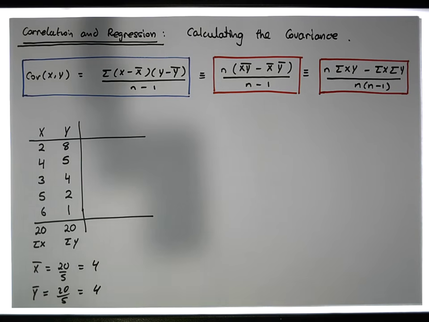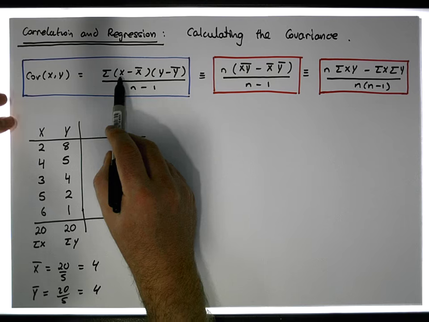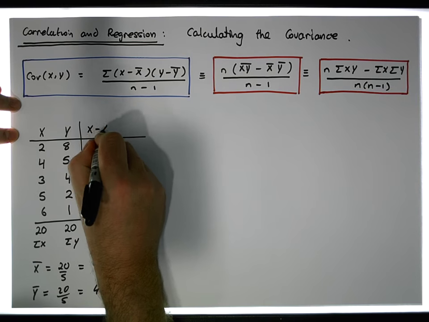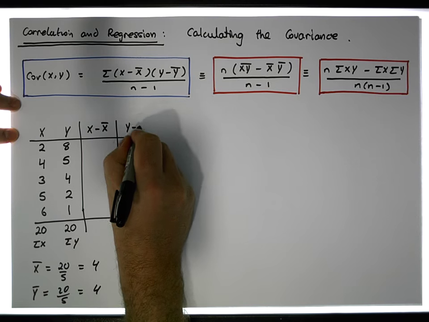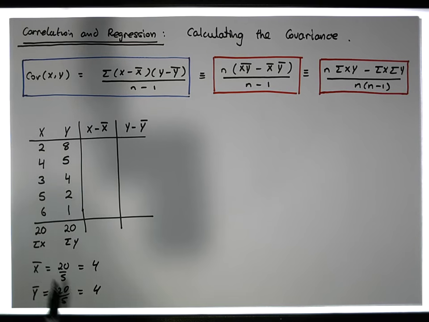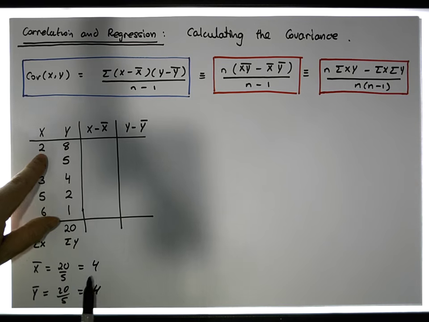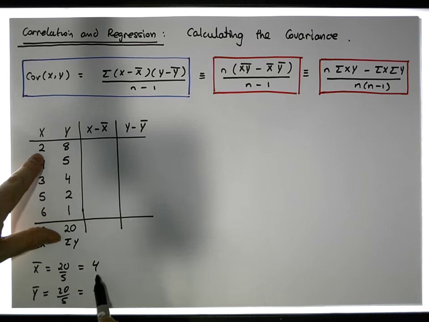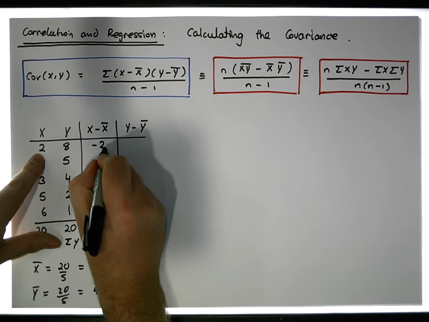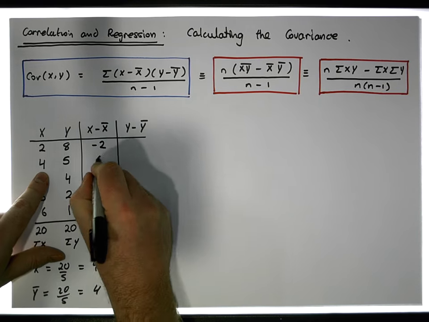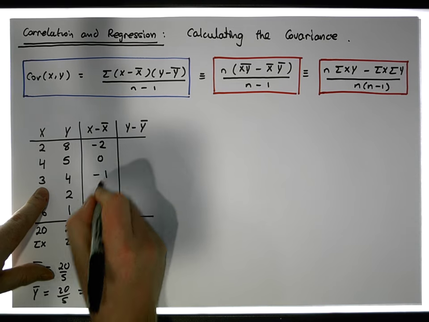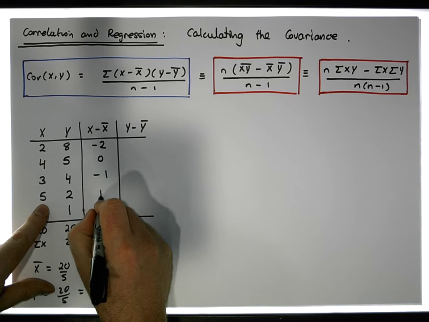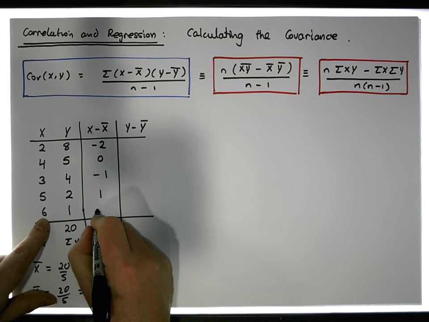So what we can calculate now is our x minus x bar column and our y minus y bar column. For each x, we take away 4. So 2 minus 4 gives me minus 2, 4 minus 4 gives me 0, 3 minus 4 gives me minus 1, 5 minus 4 gives me 1, and 6 minus 4 gives me 2.